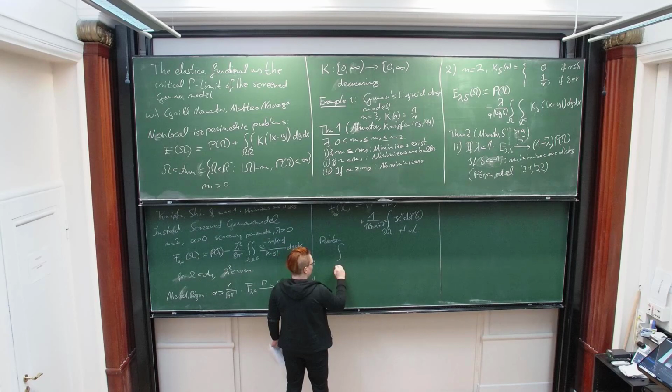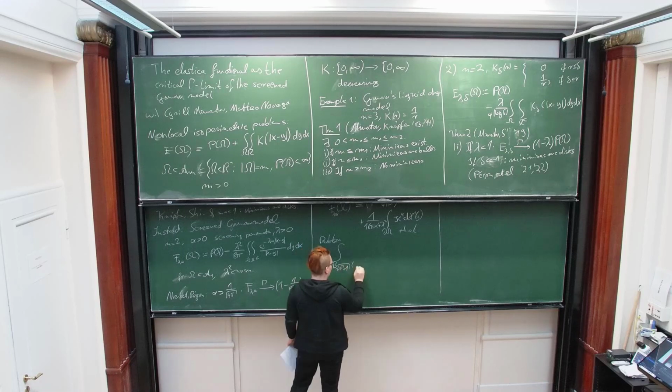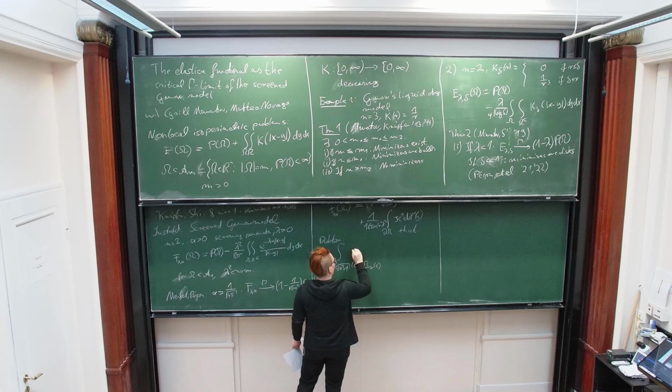So, for example, if you take the ball of radius r plus 1, so you look at an annulus, you calculate this, you realize this scales like 1 over r.